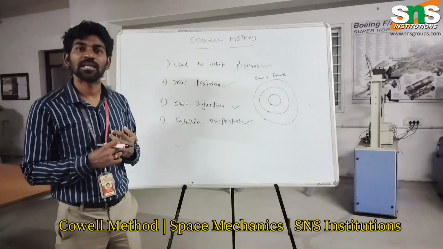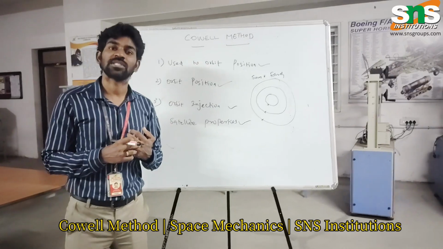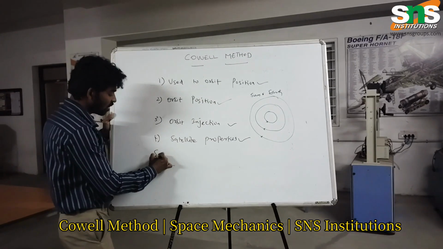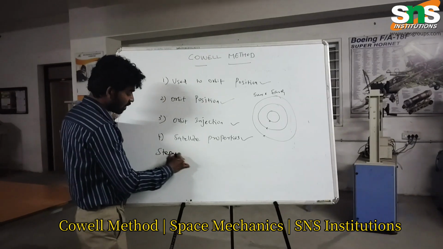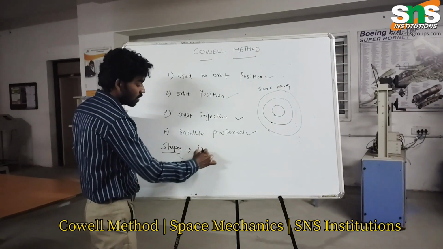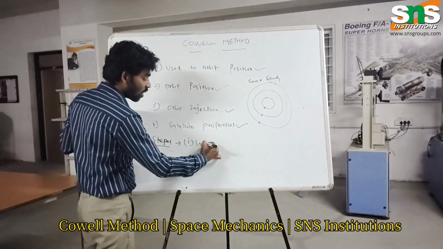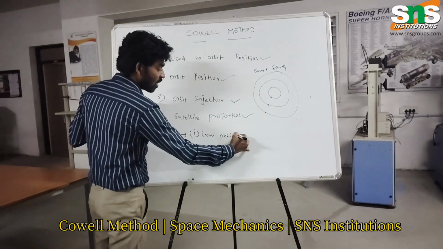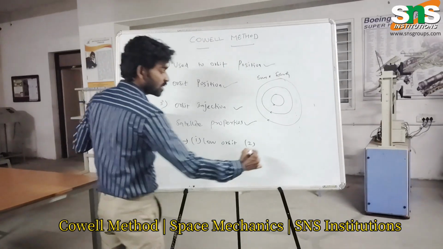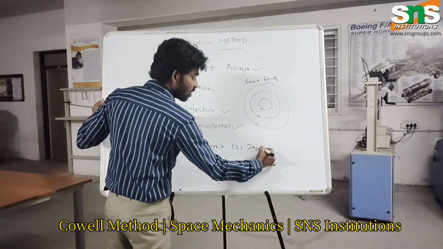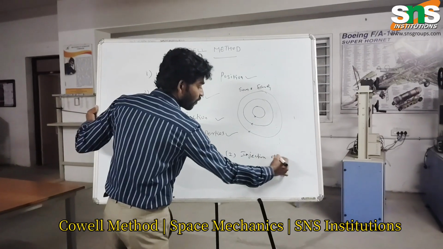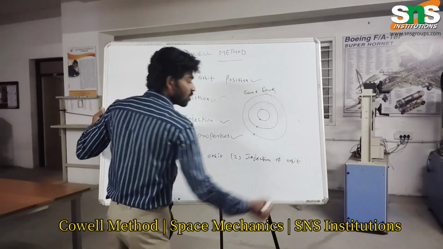So this Cowell method also has steps that we follow. The first one is low orbit condition, and the second one is injection of orbit.